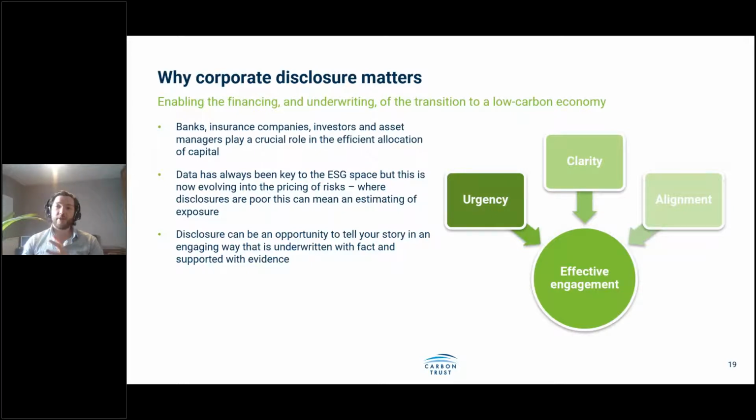Because for those disclosures that are generic or that provide limited information, there's a need to fill the gaps through estimation or through assumption. So disclosure is certainly the means to effective engagement, by showing that climate is top of the agenda, that there's a clear purpose and clear understanding of how climate change will affect the business and how the business is responding to it, and also what the business is doing to align with the consistency and comparability of what others are doing.